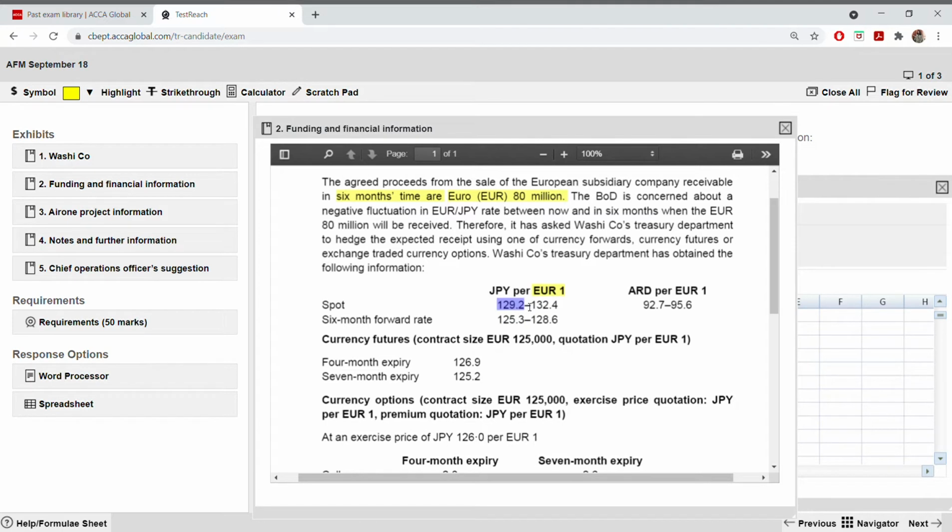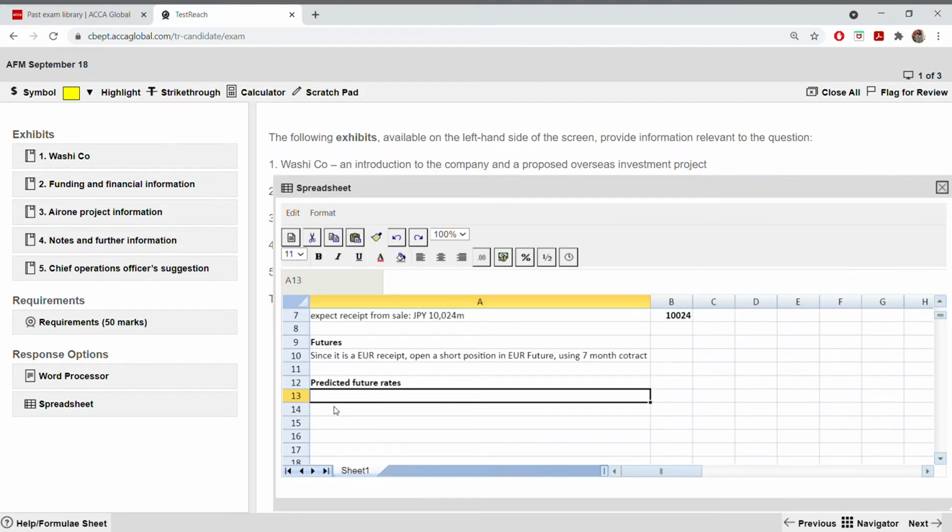So definitely the spot is 129.2. So what is the opening future price?